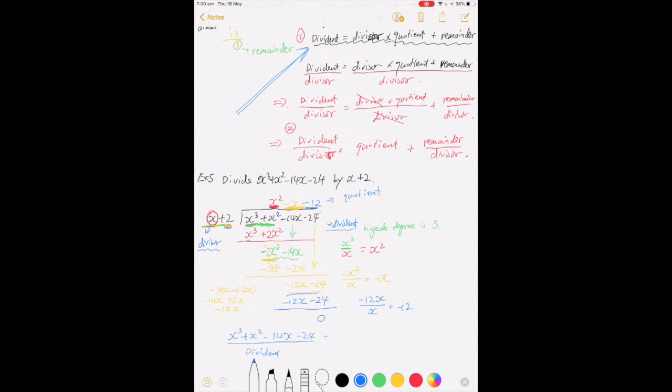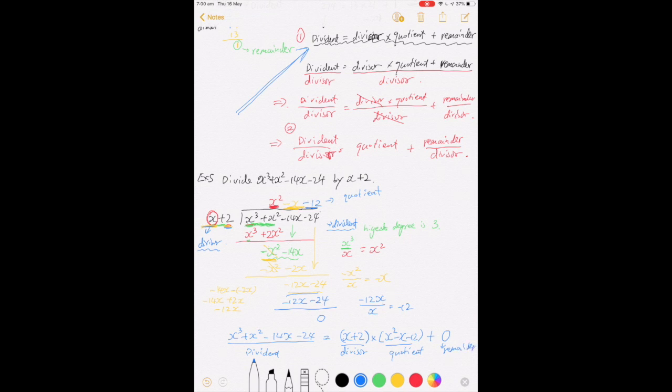Dividend is equal to divisor, which is x plus 2, use a bracket because the whole of x plus 2 is the divisor, times quotient, which is x squared minus x minus 12, plus remainder, which is 0. So that is my divisor, that is my quotient, and that is my remainder.